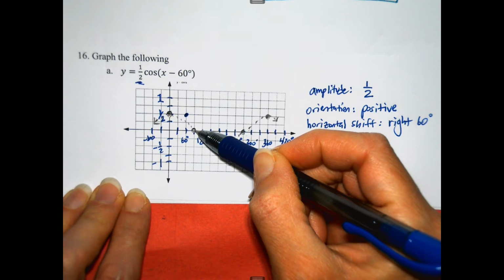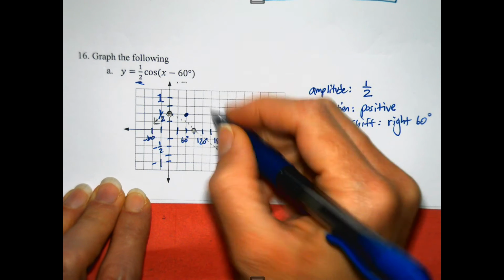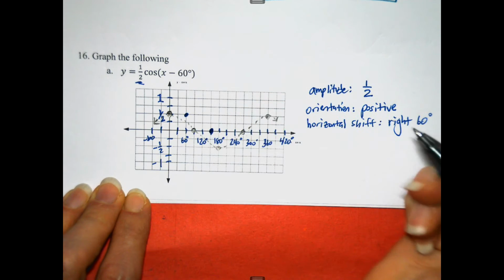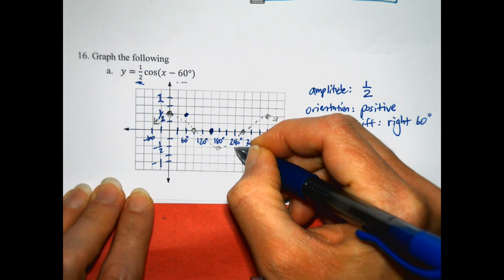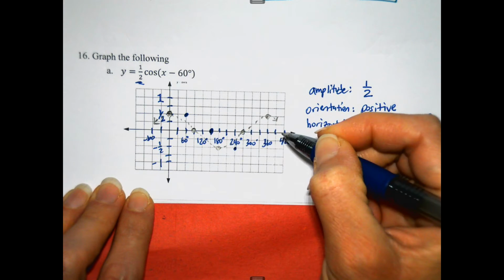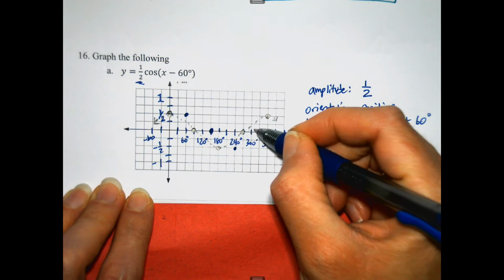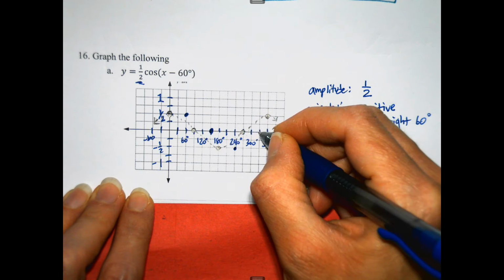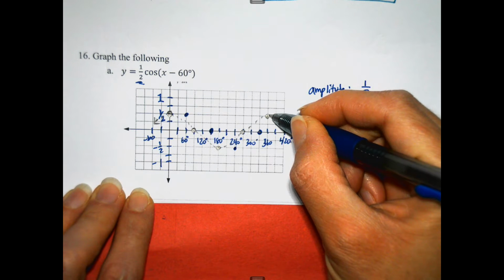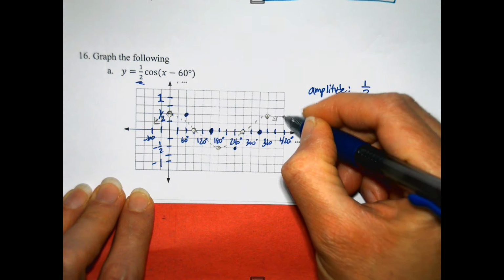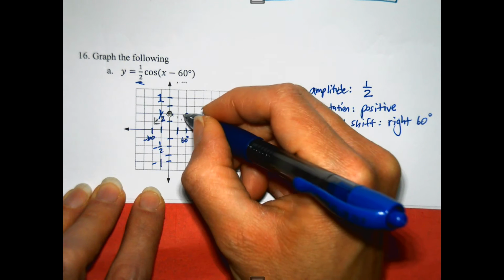And this point at 90 degrees is going right 60 degrees to 150. My 180 point is going right by 60 degrees to 240. My 270 point is going right 60 degrees to 330. And then my point at 360 goes right 60 degrees to 420.